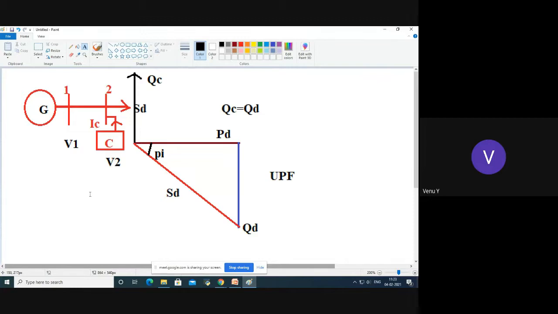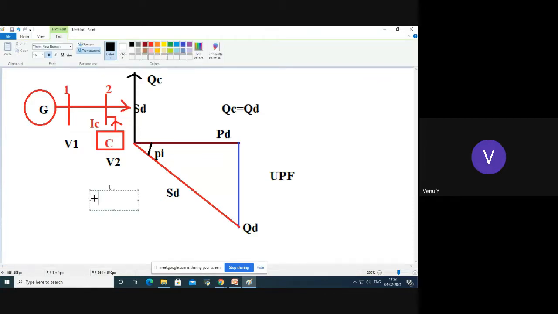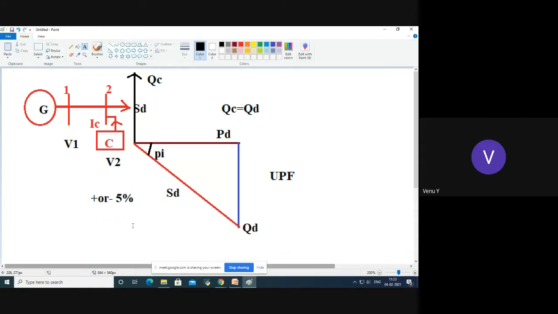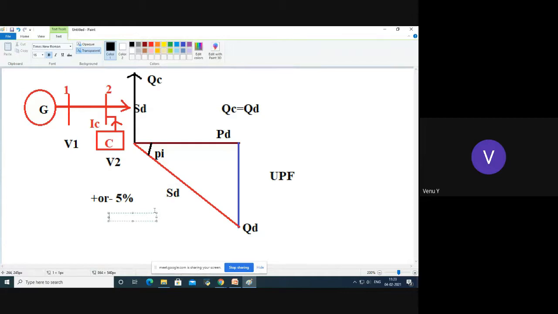So there is a variation of plus or minus 5%, or in transmission it may be plus or minus 10%.